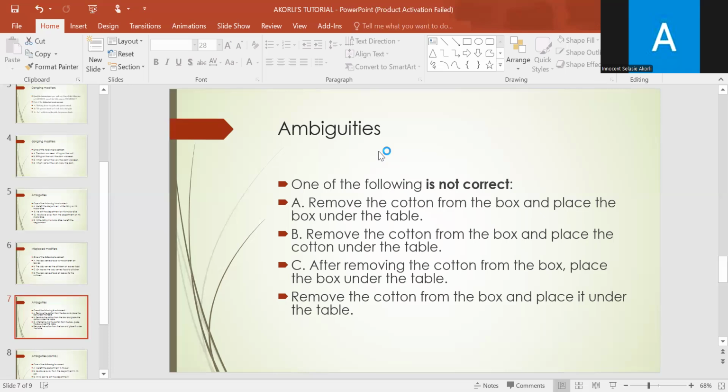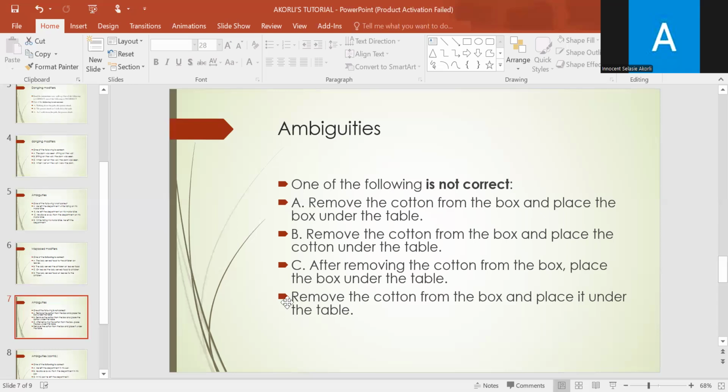Number two, or B, remove the curtain from the box and place the curtain under the table. It's also clear. C, after removing the curtain from the box, place the box under the table. It's clear. D, remove the curtain from the box and place it under the table.